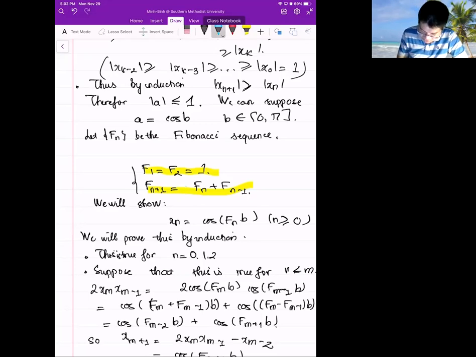You can put a number 2 or number 3 here, it doesn't matter, and then you can create similar problems. So the key in this problem is the association of the sequence xn with the Fibonacci sequence by using cosine and sine. All right. Thank you.